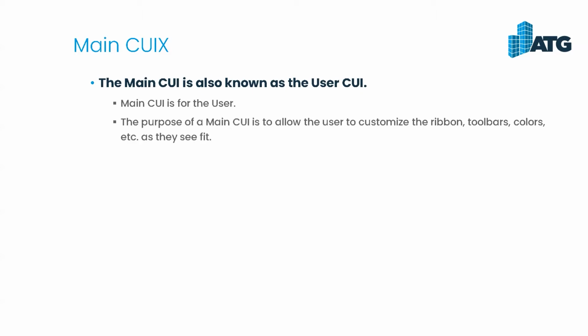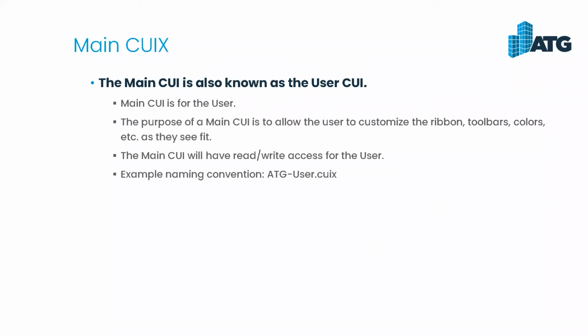Some people like the command line as yellow, wording black. By all means, go for that. This is going to be full access to the user, meaning it's not going to be read only to them. An example naming convention would be something like atg-user.cuix.